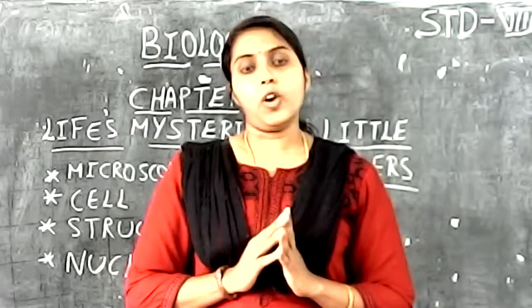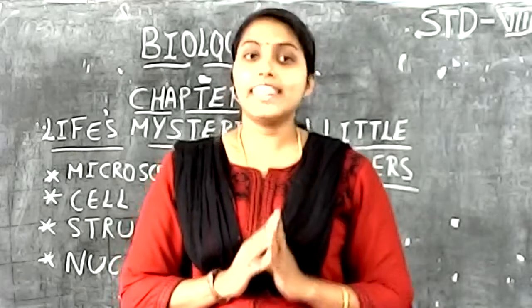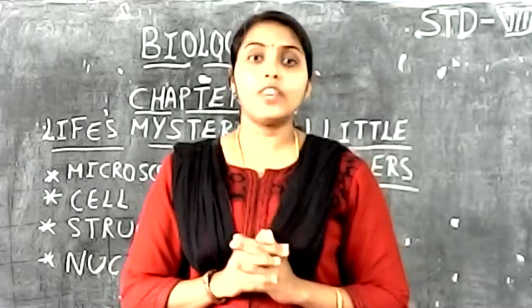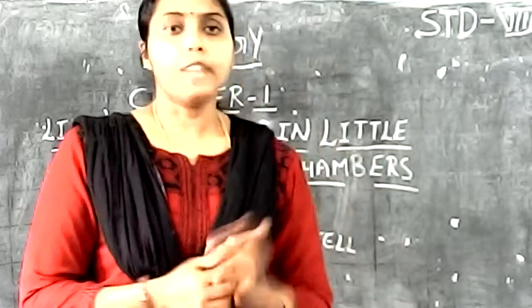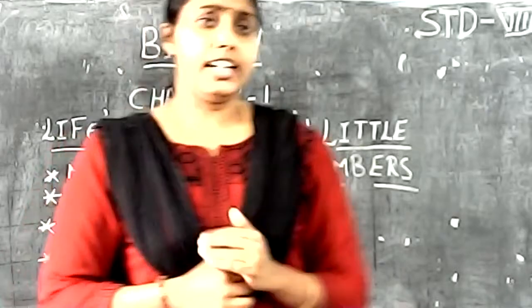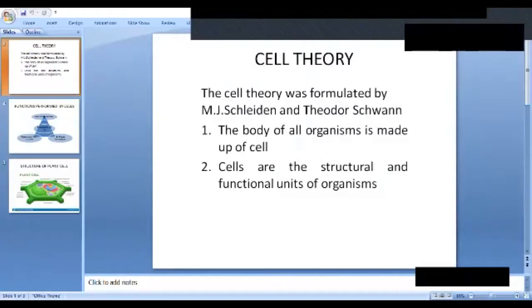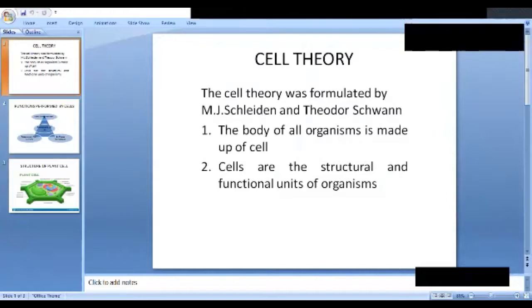Then we have studied about the cell theory. What do you mean by the cell theory? Who proposed the cell theory? The cell theory was formulated by M.J. Schleiden and Theodor Schwann. There are 2 points under the cell theory. The body of all organisms is made up of cells.